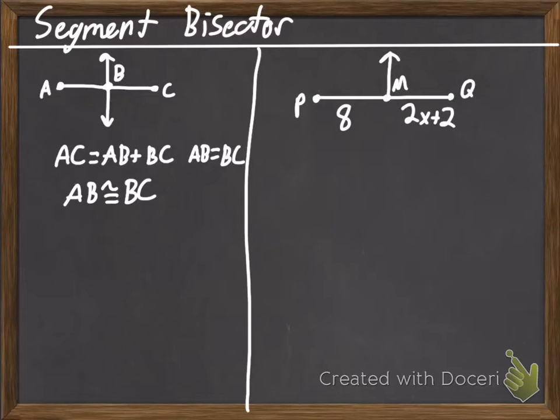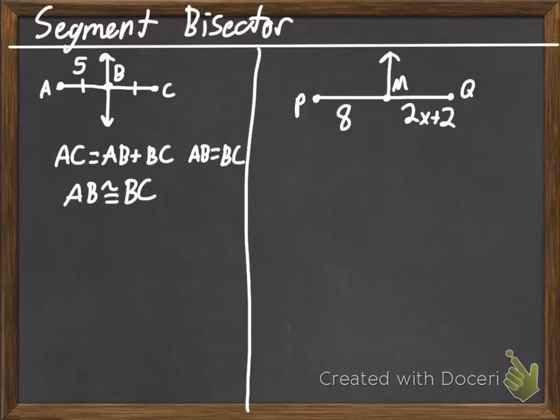To indicate congruence on a segment, we're going to put dashes. You see that I put one dash on AB and one dash on BC. That means that they are congruent to each other. They both have one dash, so they're both congruent to everything with one dash. Let's say AB is 5.